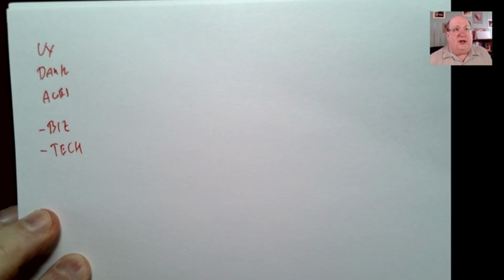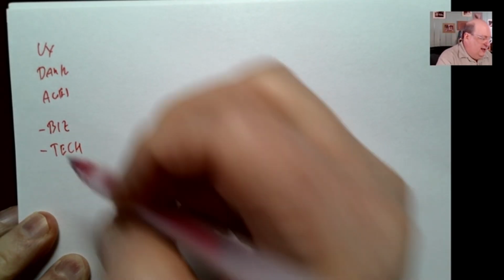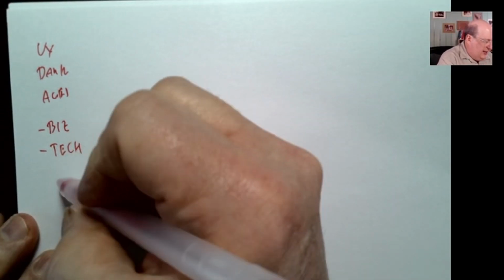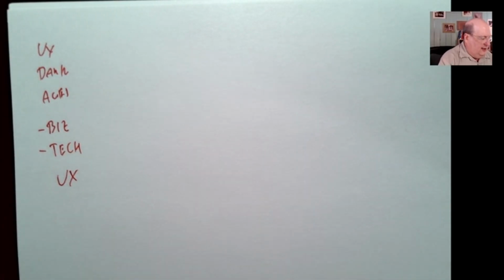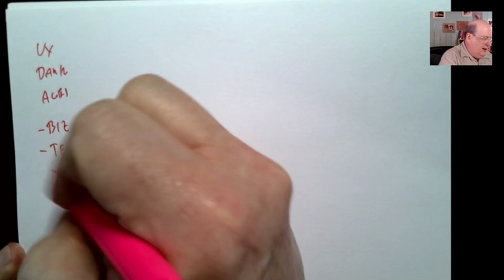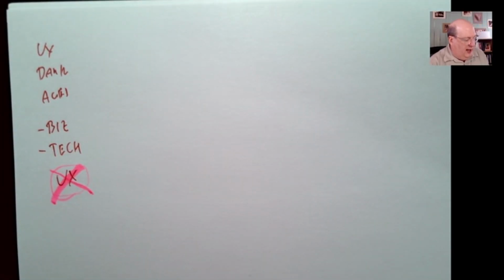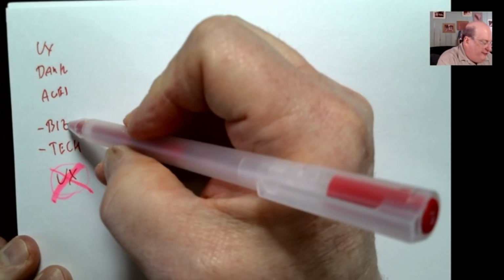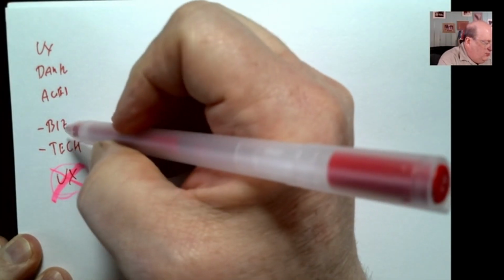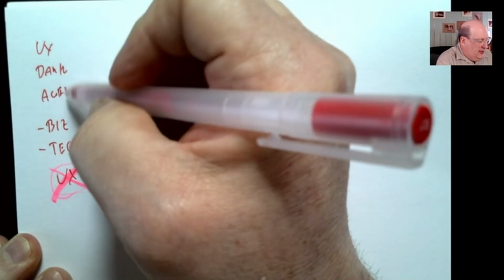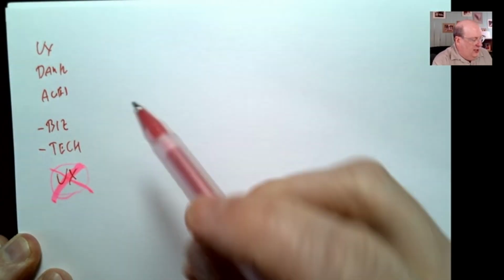But what they're not focused on is UX. UX is really not on the table here, primarily because it's hard enough to get the business and the technology to work together.